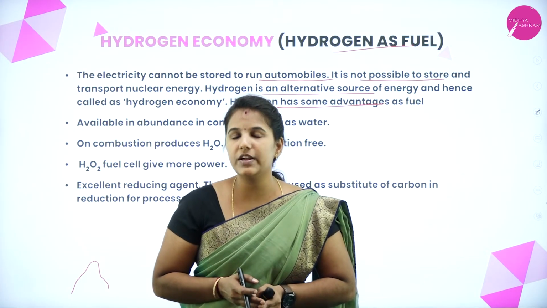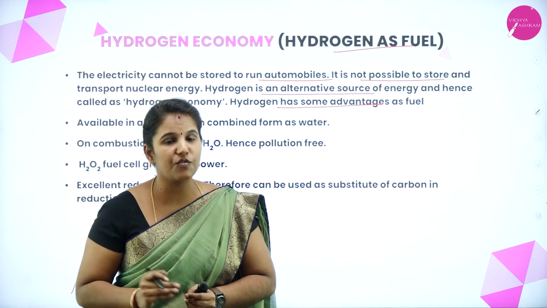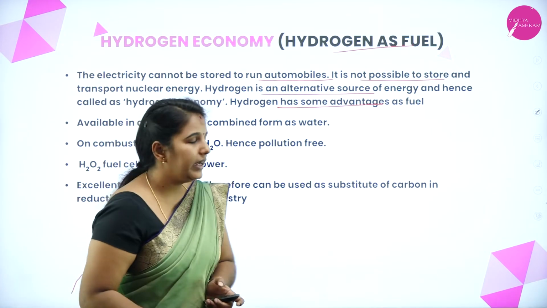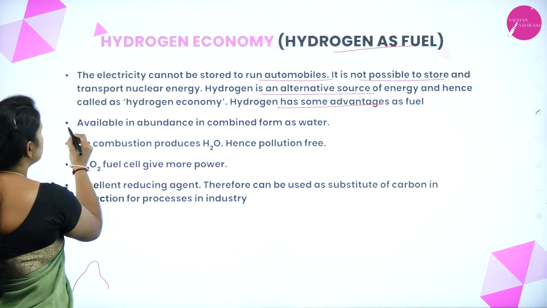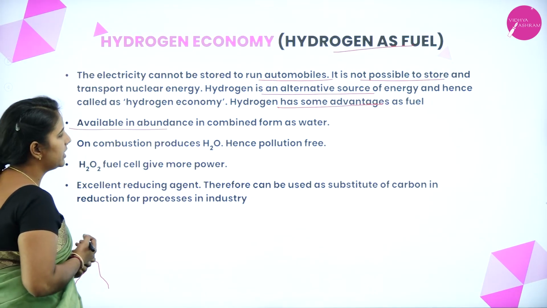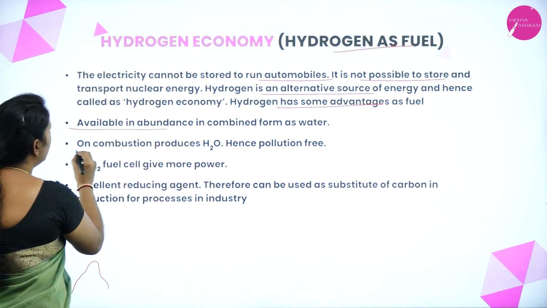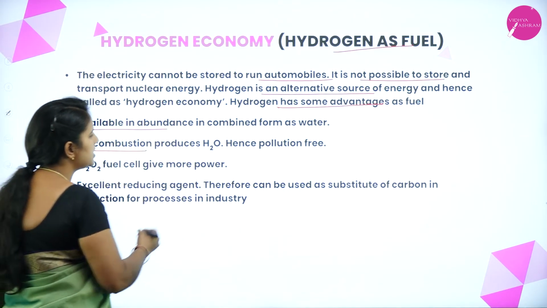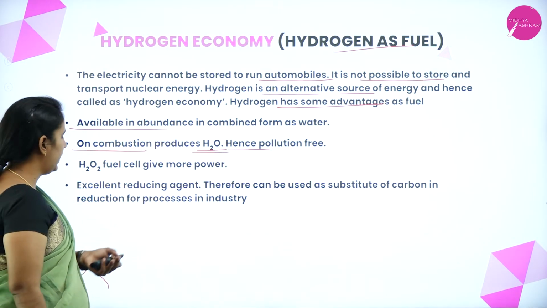In such a situation, we can use hydrogen as another alternative source of energy because it has the following advantages. It is available in abundance in nature in the combined form of water, and on combustion, it produces what? Water molecule. Hence, it is pollution free.